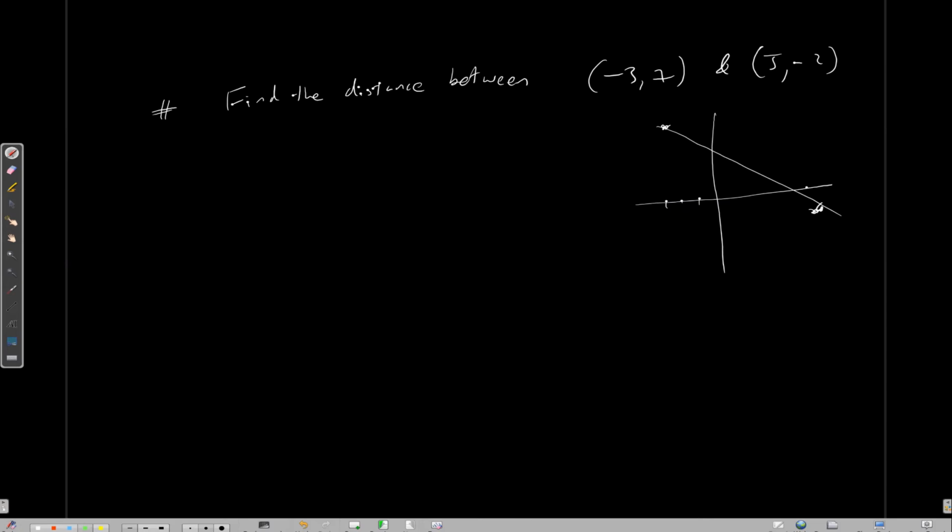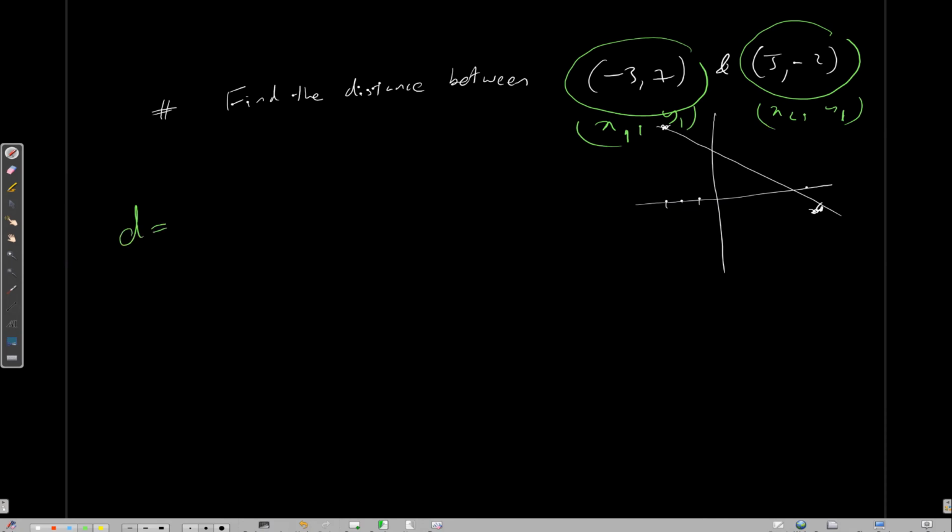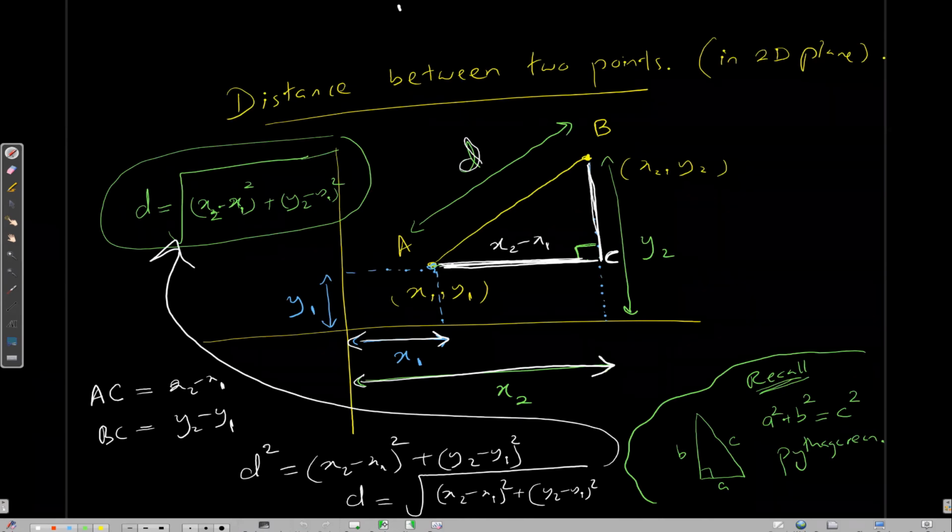Which one are you going to choose as x1, x2? Is this one or this one? Well, it doesn't matter. So x1, y1, x2, y2. Now let me go to the previous page. D is a way of remembering x difference squared plus y difference squared, right?